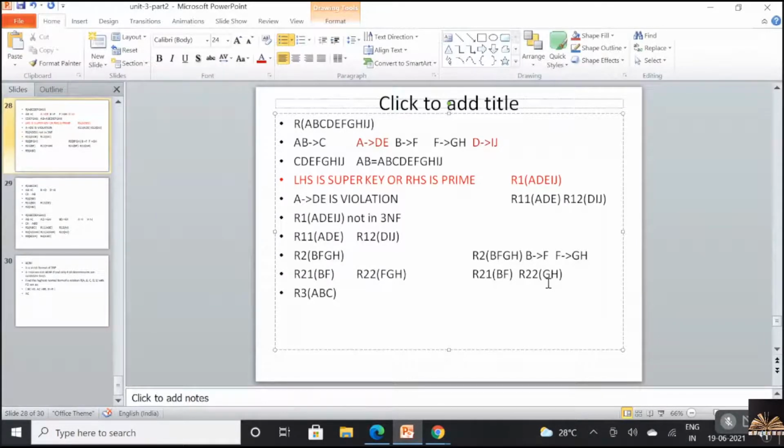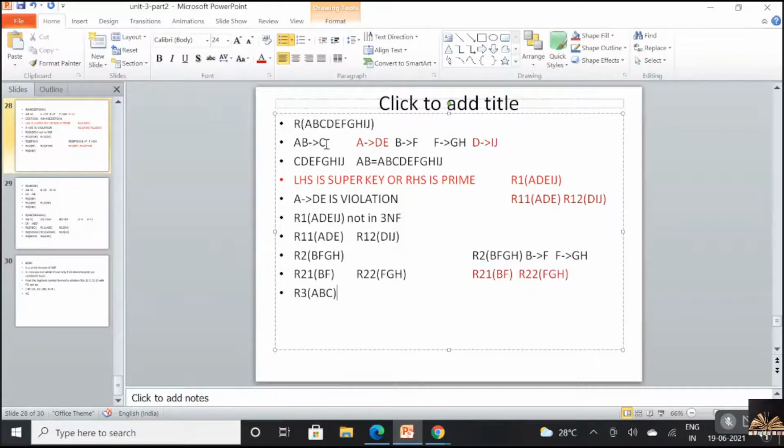But what is missing here is F implies GH, so I have to have all three attributes, F, G and H, where F becomes a key attribute. Now these two tables are again in 3NF. There's no more violation with respect to R21 and R22.